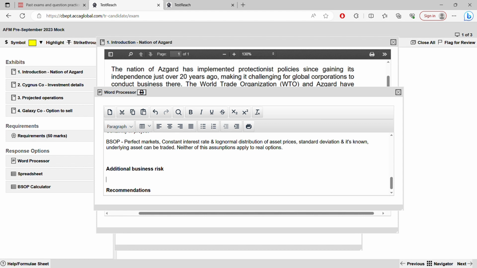So you write: before taking the final decision to proceed with the project or not, Cygnus company needs to take into consideration additional business risks.